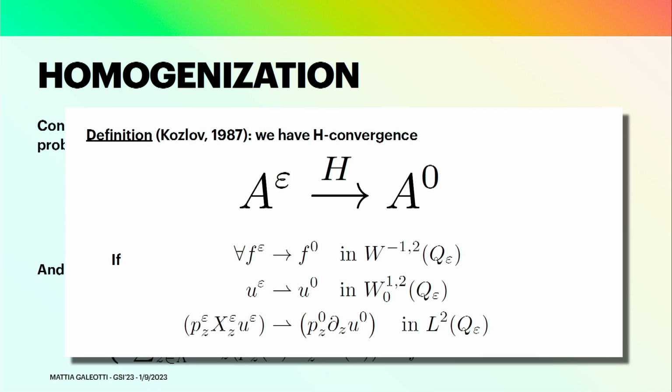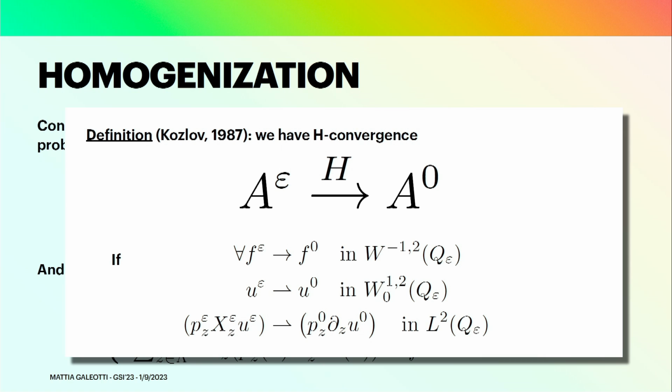And we call in this case H0 the homogenization of the sequence A epsilon. Again, epsilon is a factor that tends to 0 in our intention. I forgot to write it on the slide, I'm sorry.